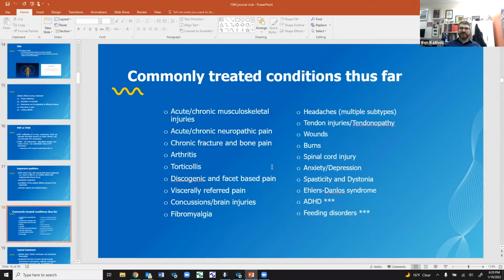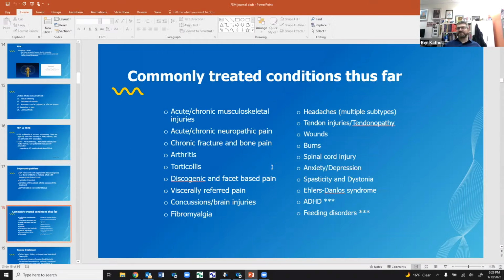So we treat a lot of musculoskeletal injuries, a lot of neuropathic pain, and this has been well validated in nerve pain. Arthritis, torticollis, so we'll talk about torticollis. Viscerally referred pain is super interesting because there's not a lot of treatment modalities out there that can help with that.